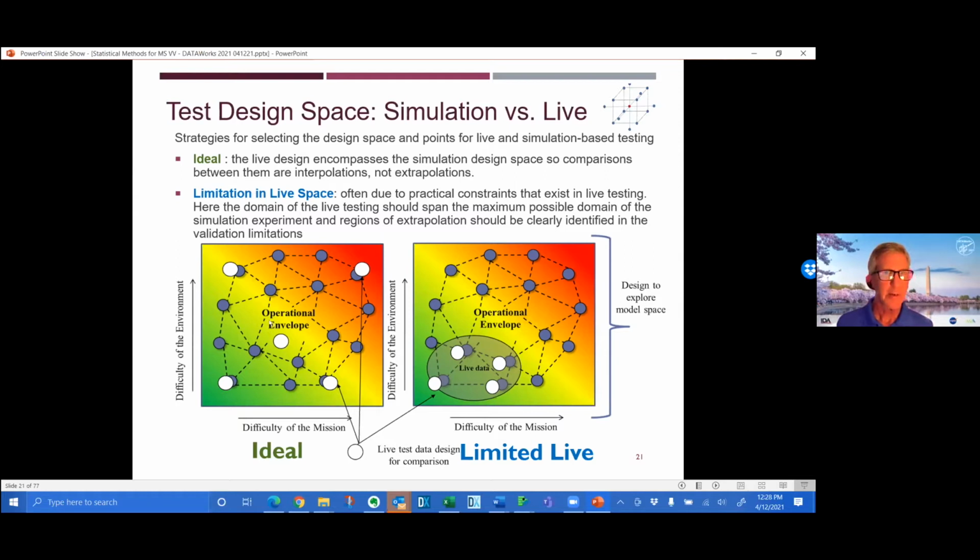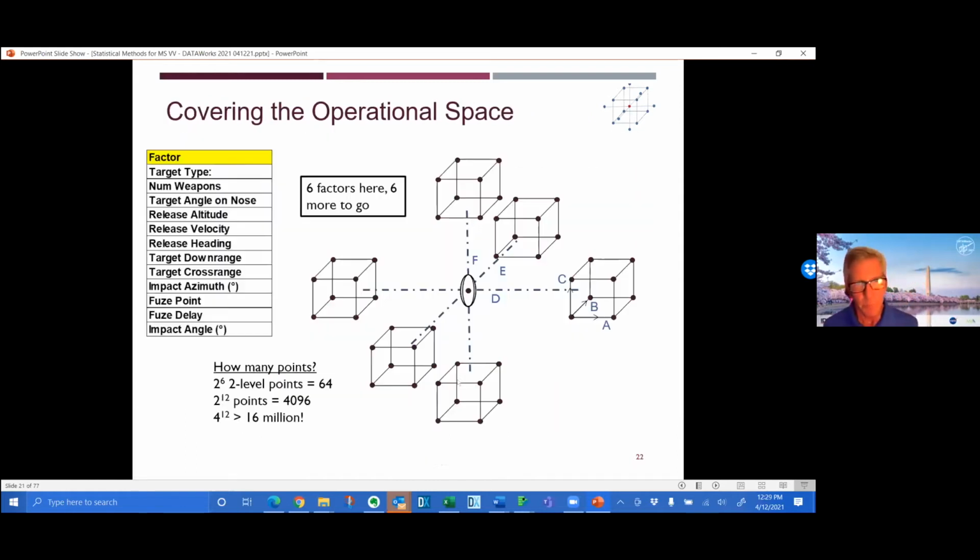But we don't necessarily have all the resources or the ability to set that test range wherever we're going to be testing completely operational. As a result, we test some slice or small piece of that operational space in live, and then rely on the simulation to come up with coverage of the rest of the space. So intended uses are about going after the situations where we can't get the live test data. But ultimately, we'd like to do some heavy lifting by taking advantage of this live data and using it for V&V purposes.